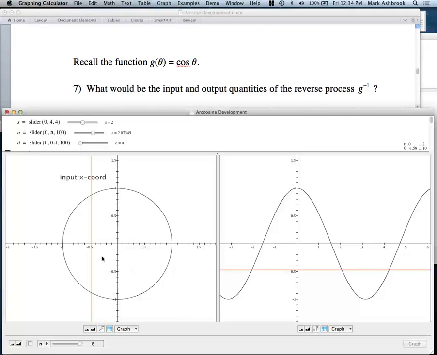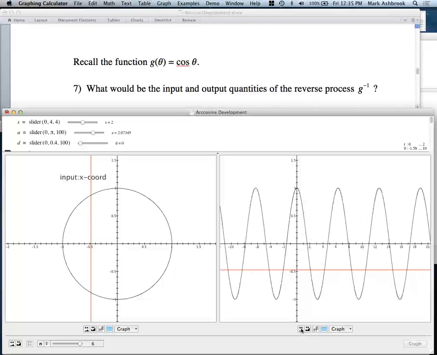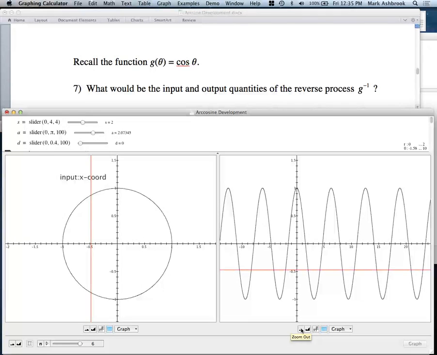So for negative 0.5 as our input value, how many angles do we get that give us that horizontal distance? How many angles do we get? An infinite number.